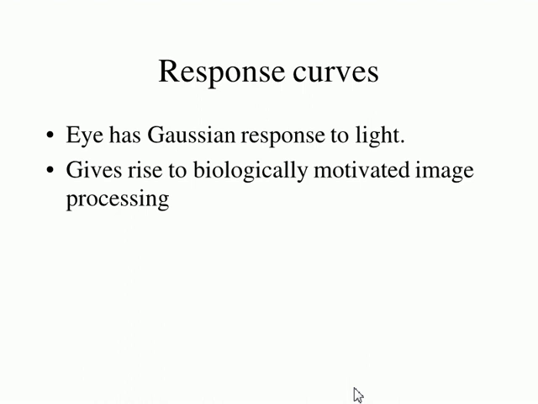Then comes this next thing about response curves. You know, are we linear? That is to say, if a linear increase in power occurs, will we see this as linearly brighter? And the answer is no. There's an exponential response to brightness, and there's a Gaussian response to light. And so biologically motivated image processing tries to make use of the Gaussian response to light.